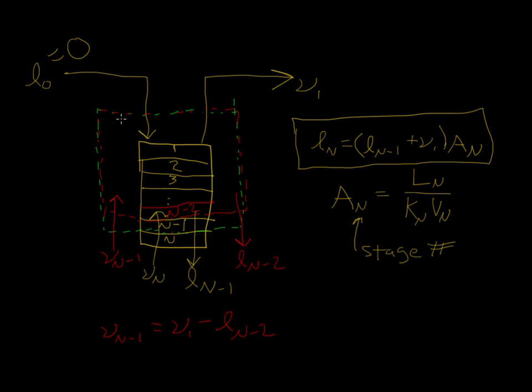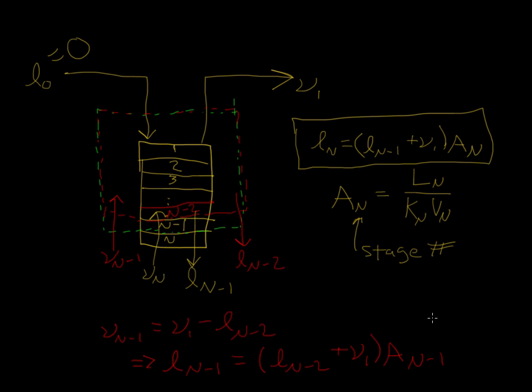So this is the material balance around the red dotted box, and then we can apply the absorption factor at the n-1 stage to show that L at n-1 is equal to L at n-2 plus V1 times the absorption factor at stage n-1.